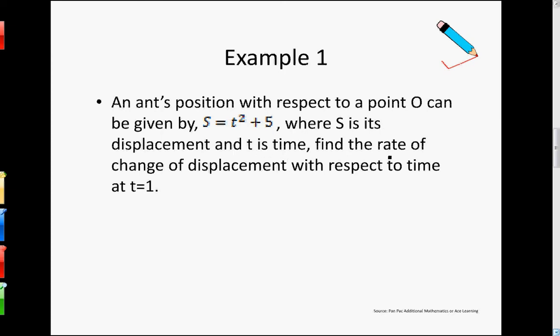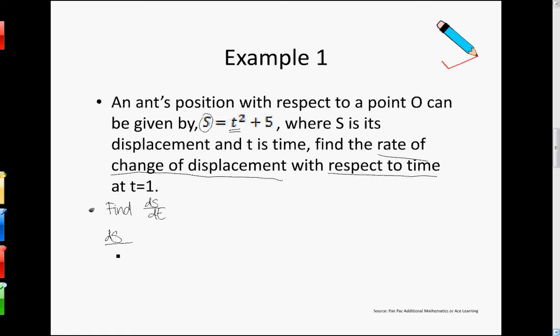So when I say find the rate of change of displacement, s, with respect to time, t, what I mean is I want to find ds dt. So this is what I really want. Okay, so it's easy to find ds dt.